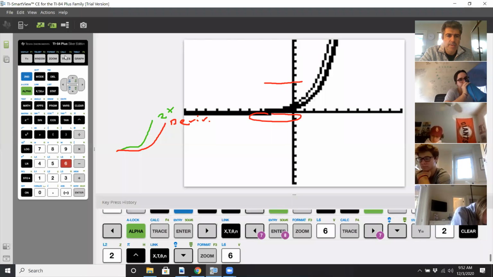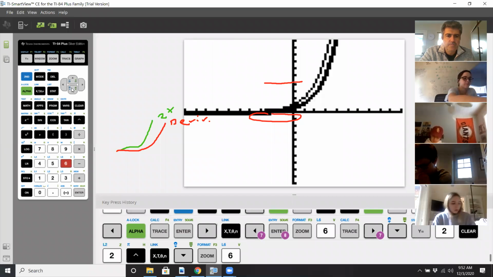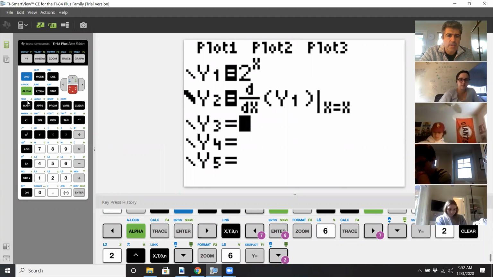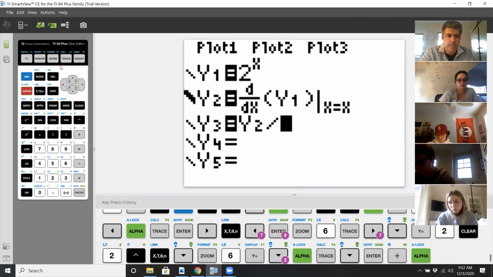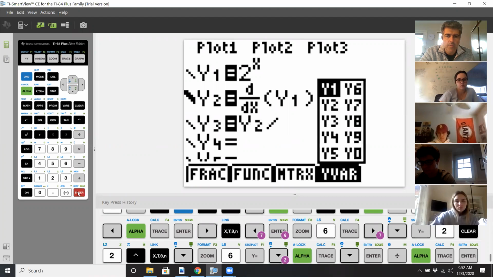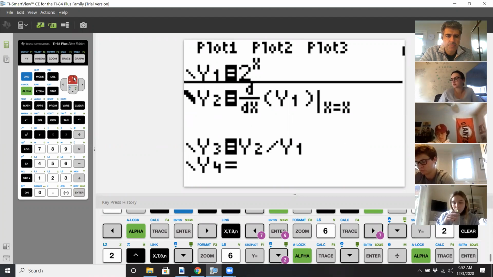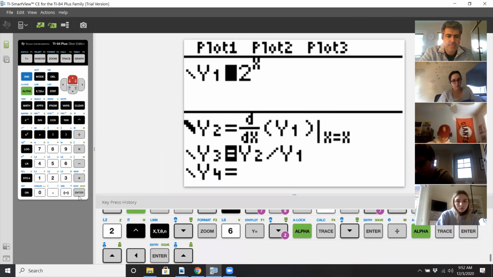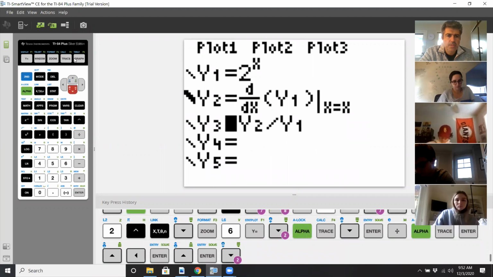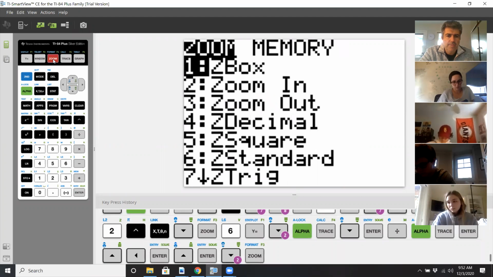So I'm going to go to Y3. I'm going to do alpha trace Y2 divided by alpha trace Y1. Turn off these bad boys here. Graph, I'm going to just graph the standard.